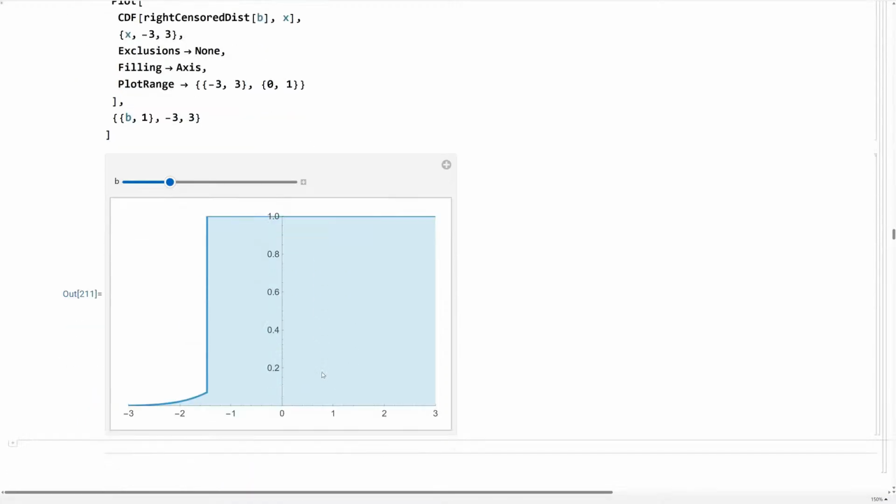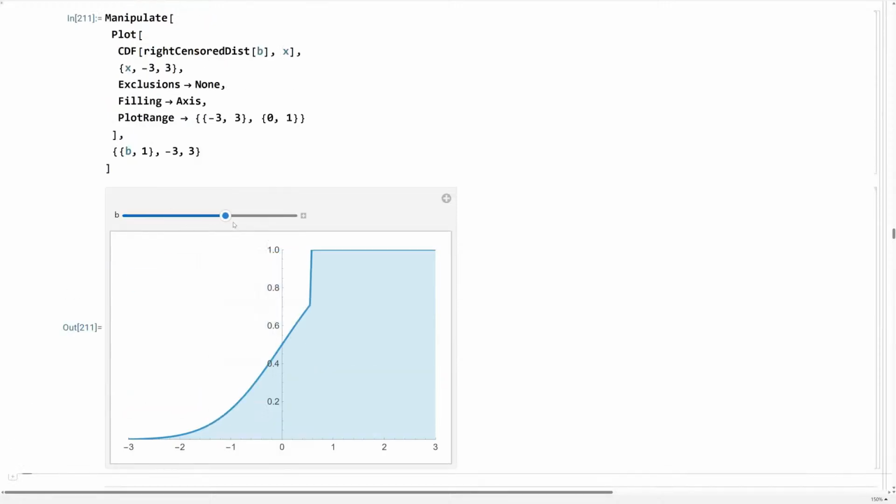So yeah, this one, its use cases are usually in medical experiments. Let's just say there's a disease, and then there's a medicine that can help cure the disease.